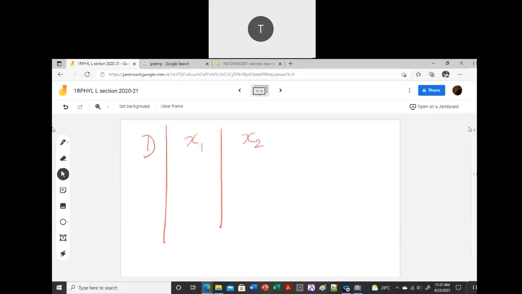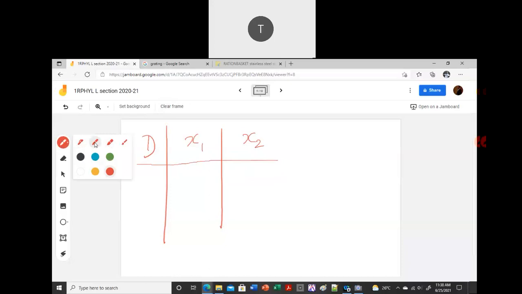Okay, so I will show the first value, how to take one value, and later on, when you come back, you can do the other experiments. It is very simple, not very complicated. I will show, for a distance between the screen and grating of 5, how to take x1 and how to take x2.